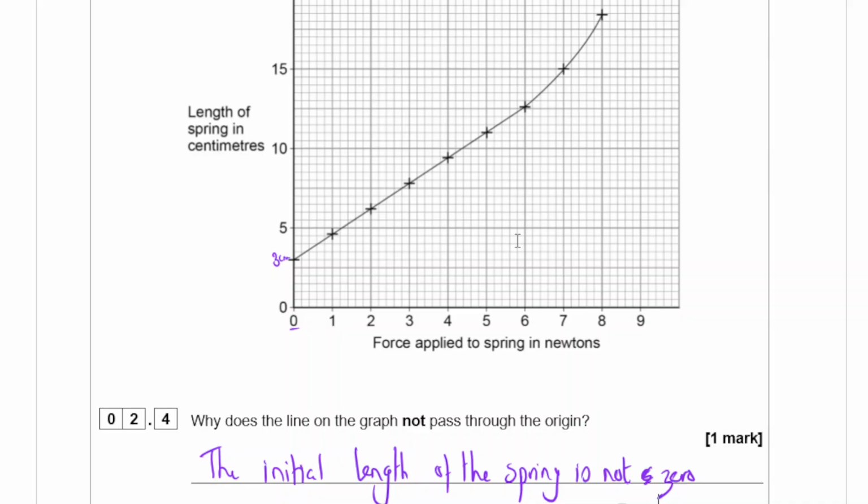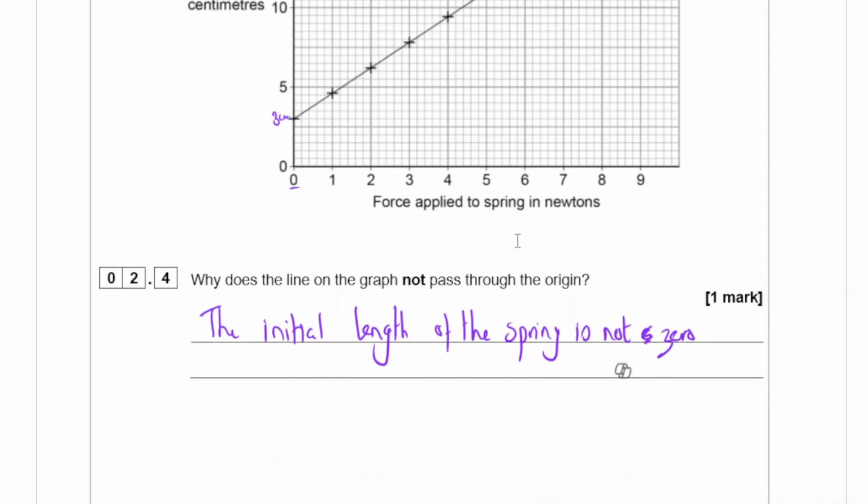So length of the spring in centimeters. As a clarification, the student did not calculate the extension of the spring.